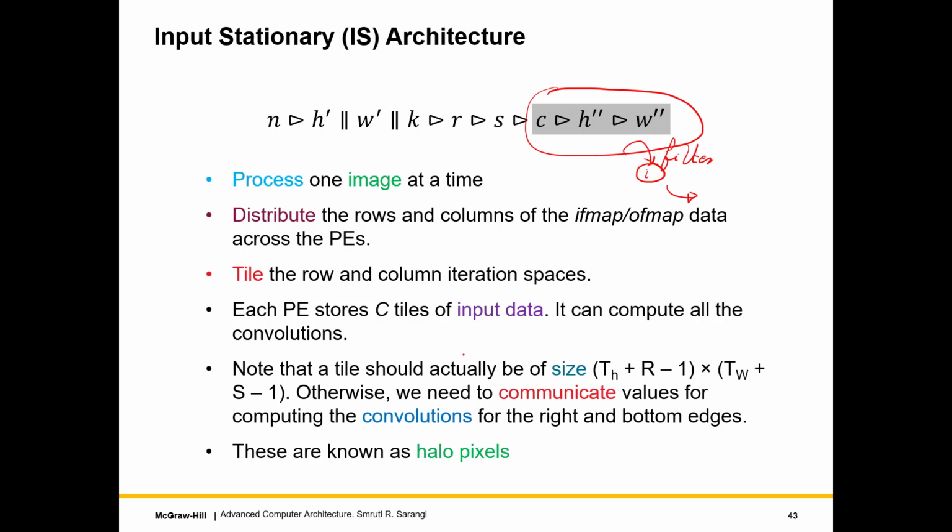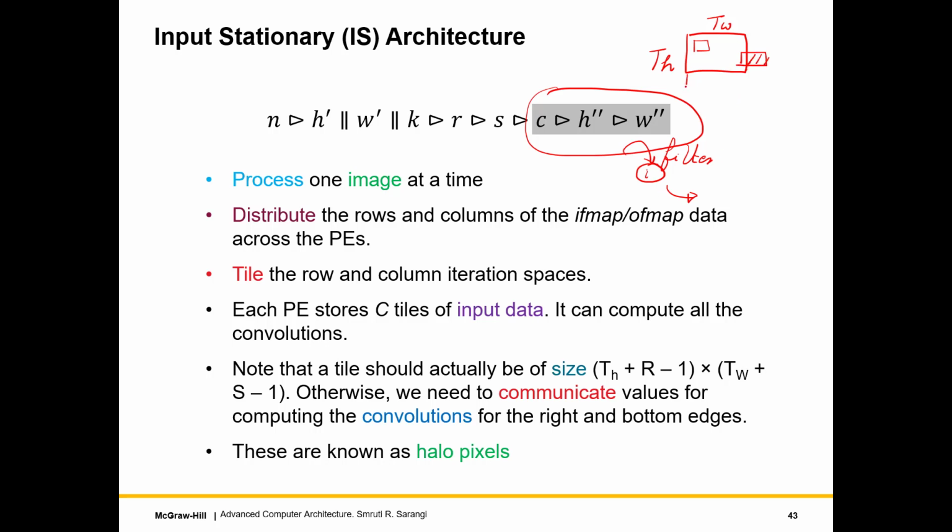Of course, in this case, there is some amount of complexity. The complexity with an input tile is like this: if this is a tile and its size is th rows and tw columns, and we are doing a convolution, then we will have problems at the right edge and the bottom edge, because the filter could be like this and these pixels will not be there.